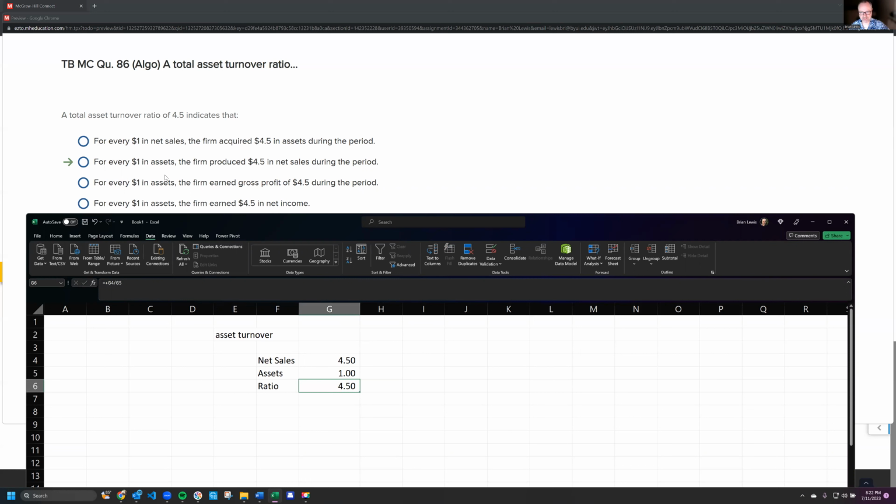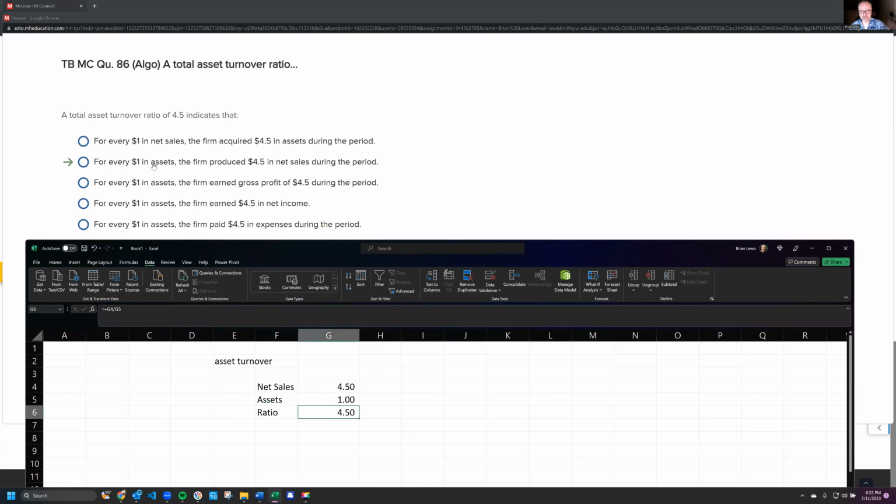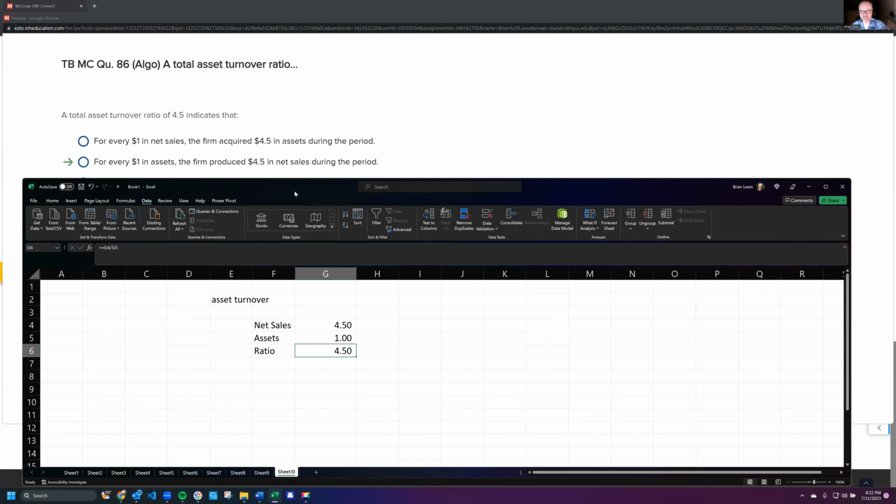We're talking about assets as compared to something greater than assets. Usually net income is not greater than assets, so I would say no there. And for every $1 in assets, the firm paid 4.5 in expenses, and that's almost never related to expenses, so I'd say no. So this would be the closest that I got just by randomly trying to figure this thing out, and that's what I would go with.